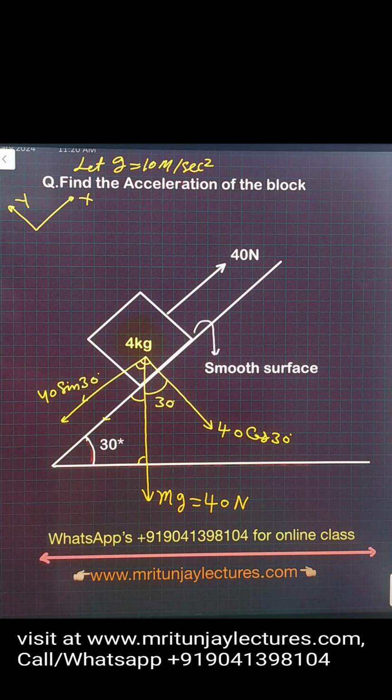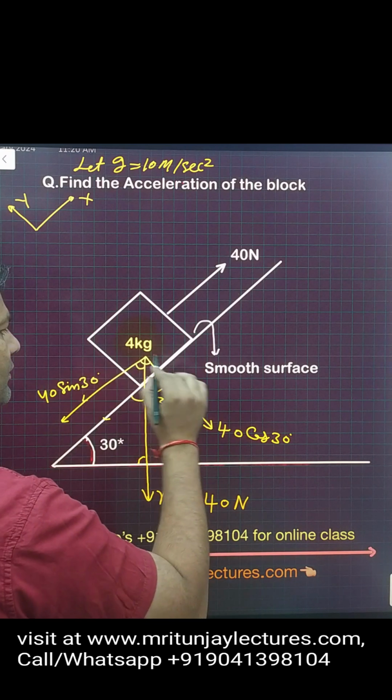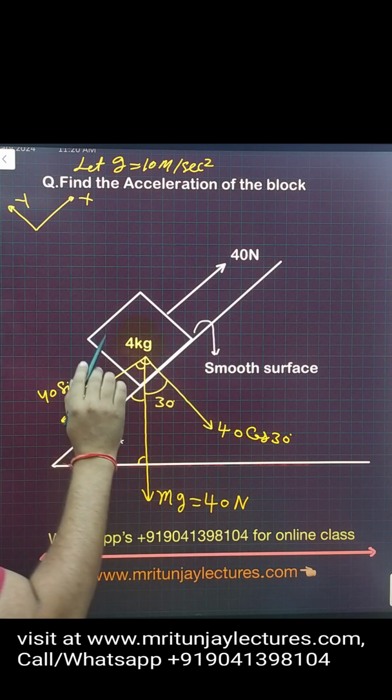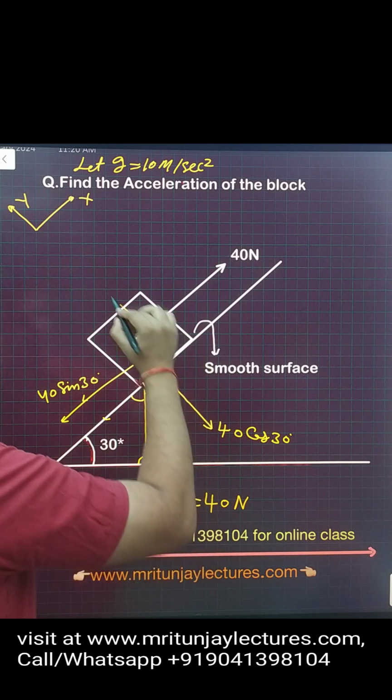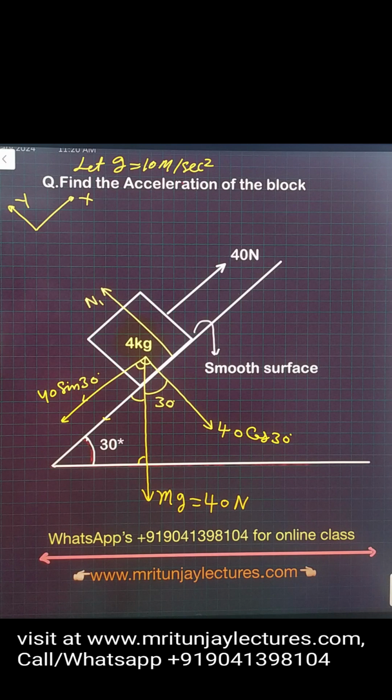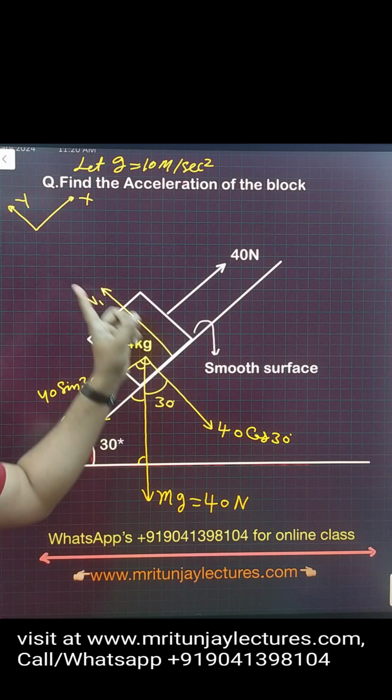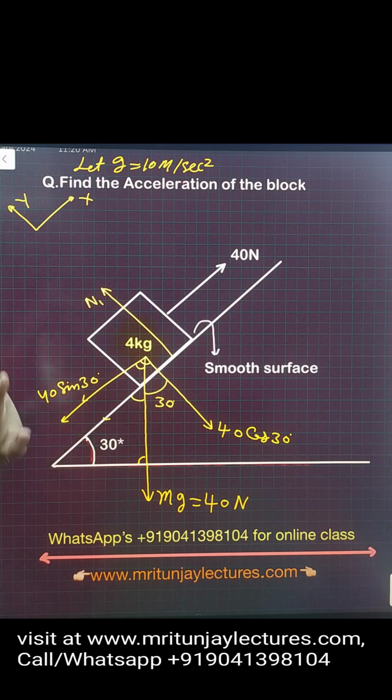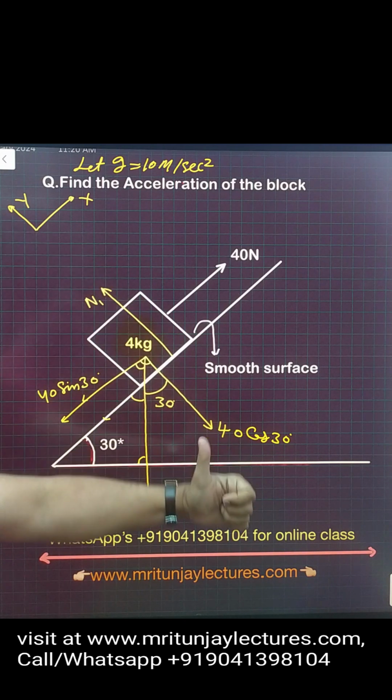Clear? And the normal force of the inclined plane on the 4 kg block acts in this direction. The X axis and Y axis are already given. The block is not moving along this direction or this direction.